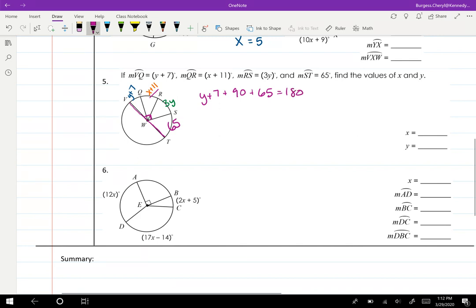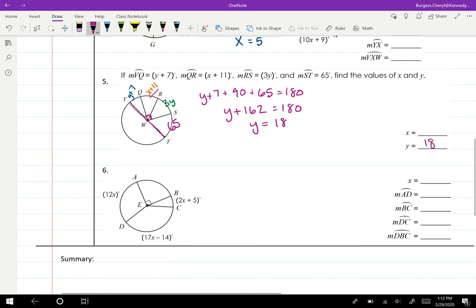Okay, let's combine like terms on the left here. 7 plus 90 plus 65 is 162. Subtract that from 180, and you get y equals 18.